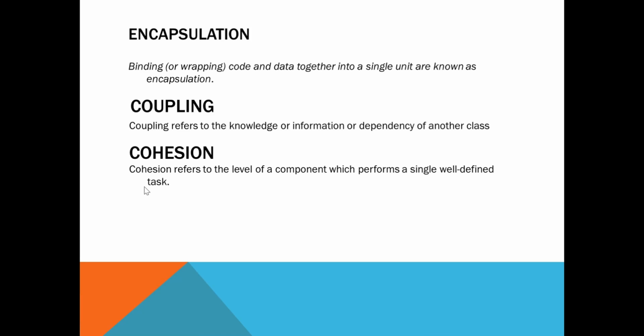The Java IO package is a highly cohesive package because it has IO related classes and interfaces. And the Java util package is a weakly cohesive package because it has unrelated classes and interfaces.